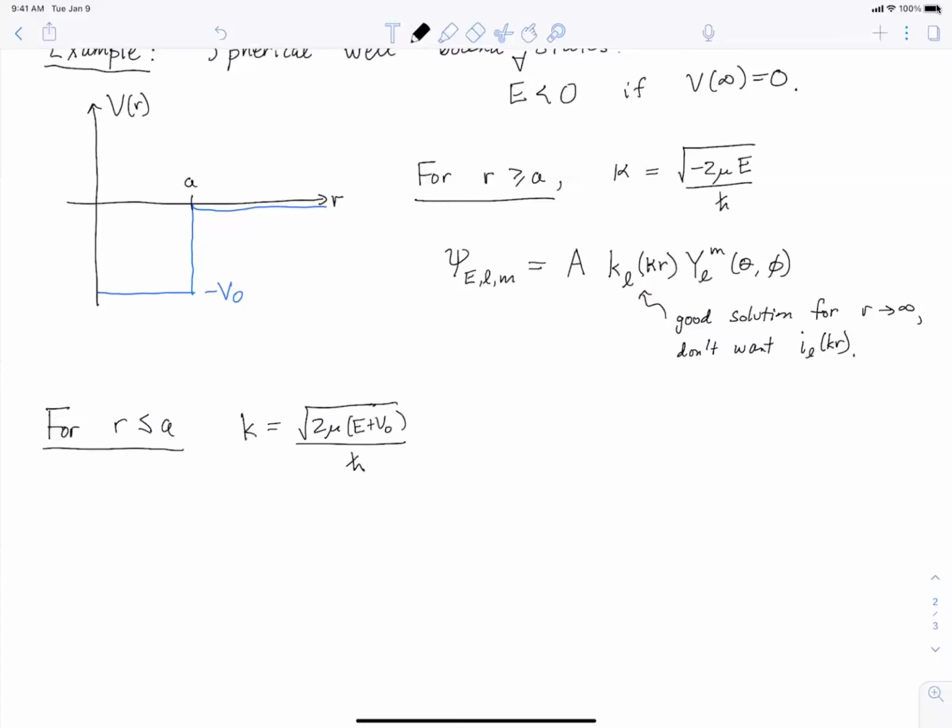Okay, and the reason for that is we take the energy and we subtract the potential, but the potential was negative V0, so that's why it's E plus V0 here. Okay, and then the wave function in that region is some different constant times, now the appropriate thing to use is just the ordinary spherical Bessel function, j_l of kr times a Y_lm.